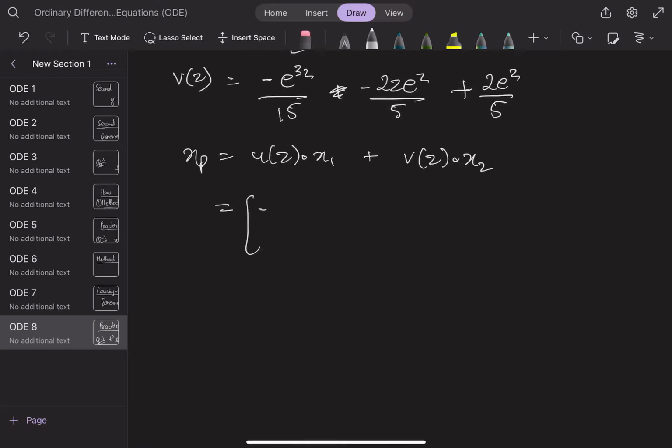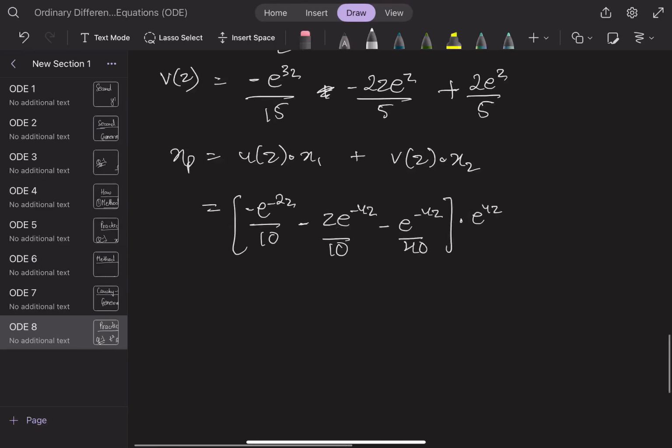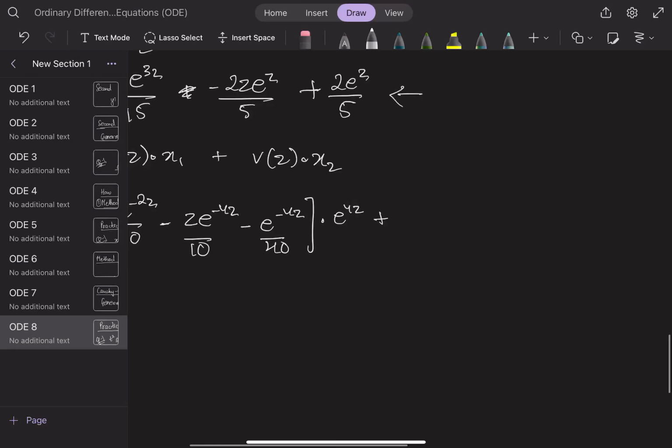So it's minus e raised to minus 2z divided by 10 minus z e raised to minus 4z divided by 10 minus e raised to minus 4z divided by 40 multiplied with e raised to 4z plus this is your vz, minus e raised to 3z divided by 15 minus 2z e raised to z divided by 5 plus 2 e raised to z divided by 5 multiplied with e raised to minus z.